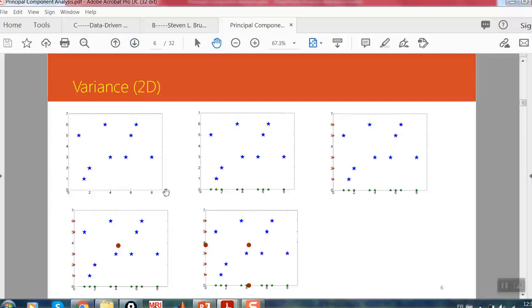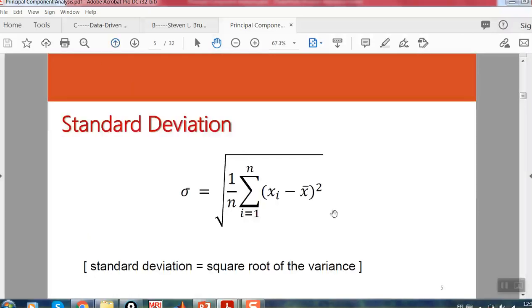Now consider this figure. If we have a two-dimensional figure and we want to calculate the variance of these two dimensions, we can calculate the variance along the x direction and along the y direction. Because, as we saw in the previous slides, the variance is calculated along one dimension.